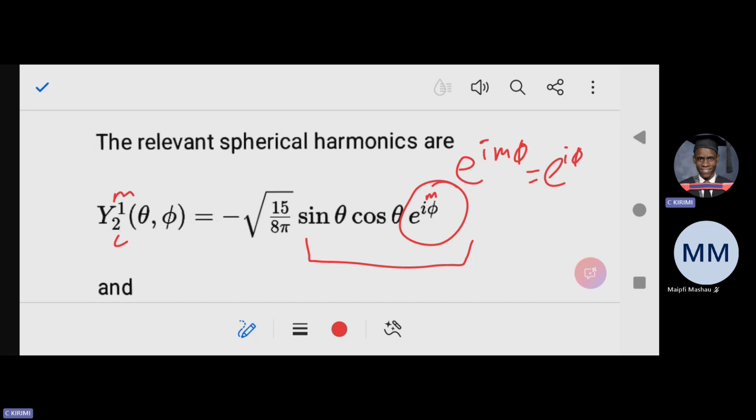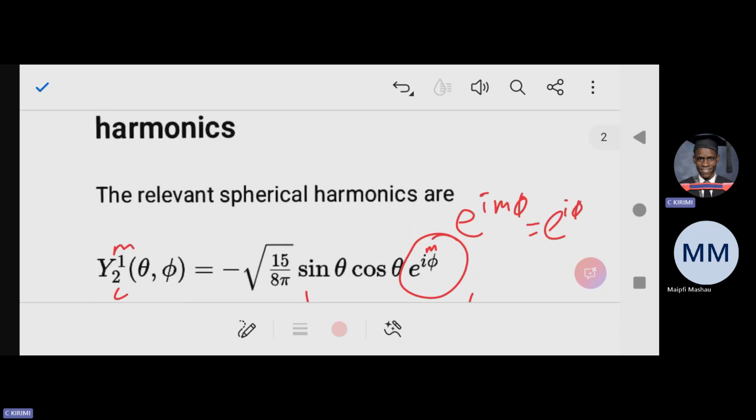Where we are getting the values, spherical harmonics 1, 2, these are the standard spherical harmonics. You do not derive them during the exam. Your question is, where are you getting y1, y2?